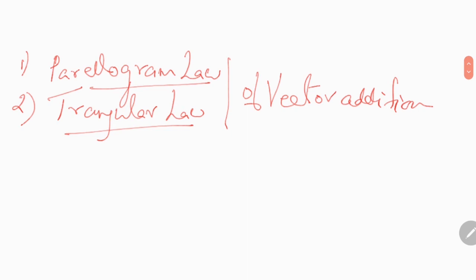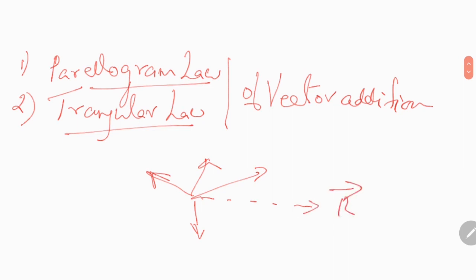What these laws basically will tell you is, if you have n number of vectors in different directions, how you can use various techniques, mathematical formulas, applications and trigonometry to find a resultant for these. So that's the basic concept.